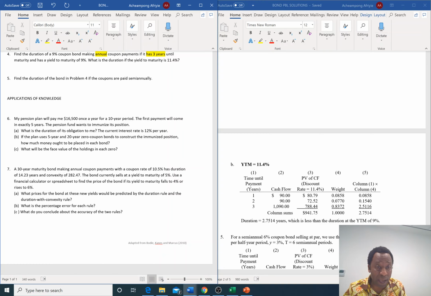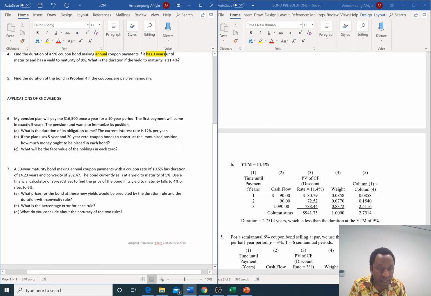This activity summarizes how to price a bond, how to calculate the duration, how to use the convexity to predict changes in the price when the yield has changed, and to compare the duration results and the convexity results to see which one is the best. Okay. So all I'm going to do now is take you through two of the workings. I'll put the answers up on Moodle, and then when we catch up next week, we can see if you're able to get it done.